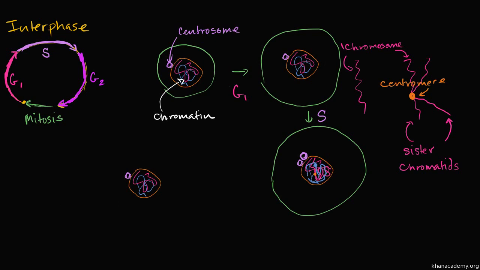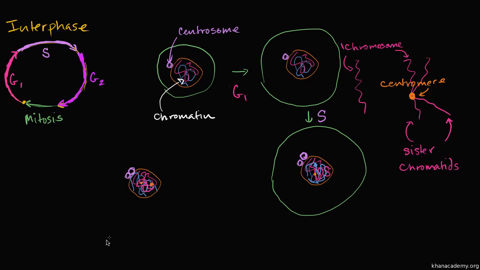Now we need to remember that our DNA has replicated. So let me draw that like that. Let me draw the two centromeres, one for each of the chromosomes. Let me draw the duplicated centrosome, as not to be confused with centromere.